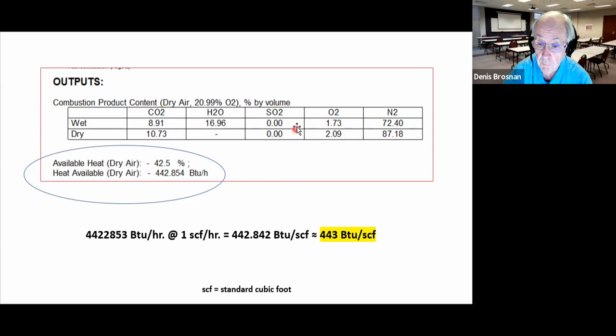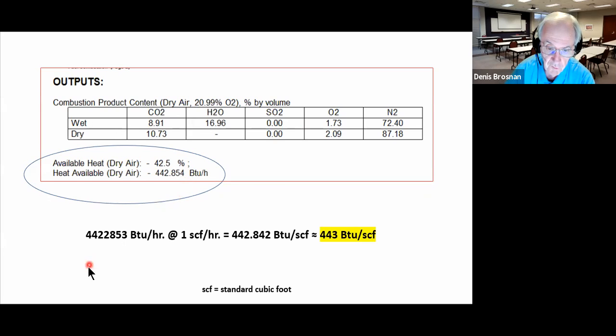Of course, we're combusting average natural gas, so we got no sulfur dioxide here. But our available heat is 42.5%. And that's because we're using excess air. The heat available, don't get confused, is 442.854 BTUs per hour.